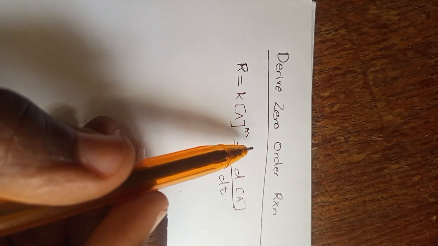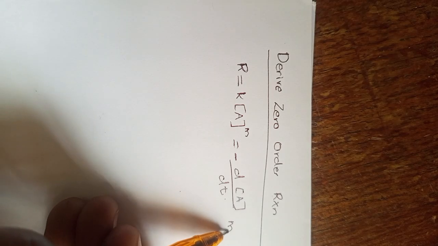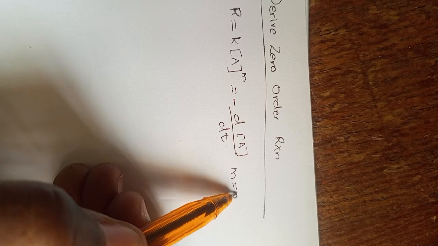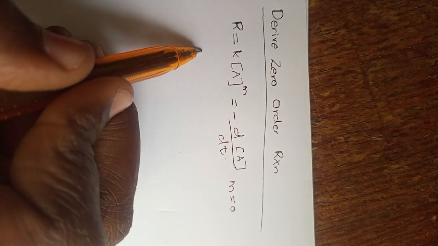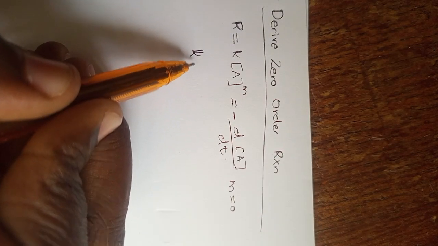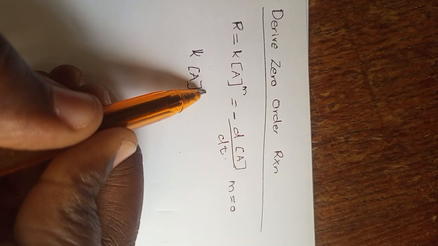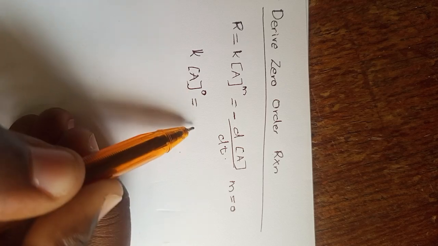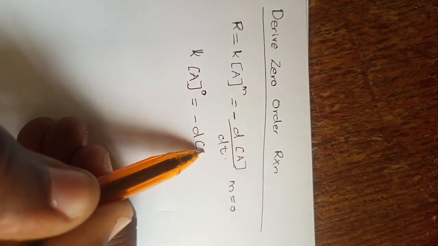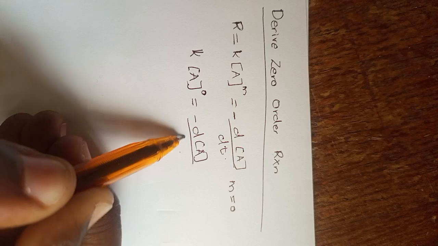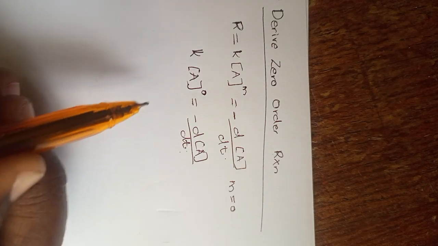In a zero order reaction, the value of m will be equal to 0. Therefore, K, which is a constant, times the concentration of A raised to m, which is 0, is equal to the change in the concentration of A over the change in time t.